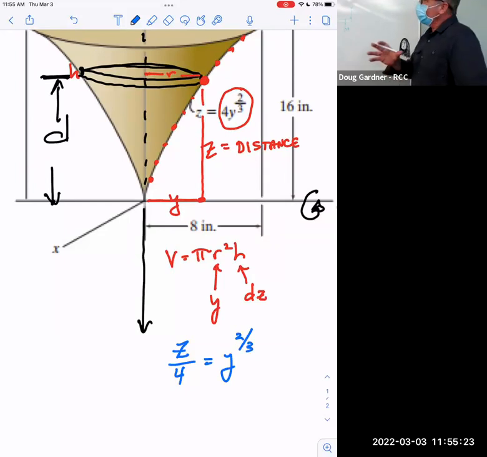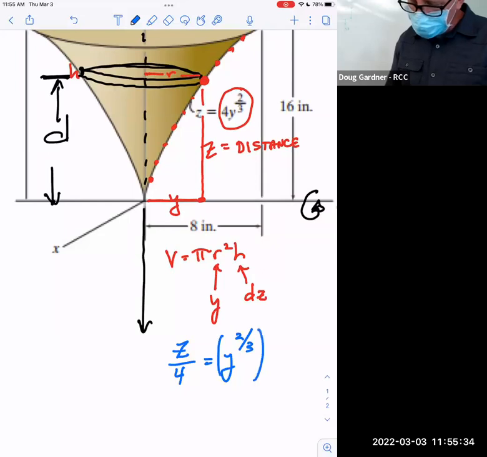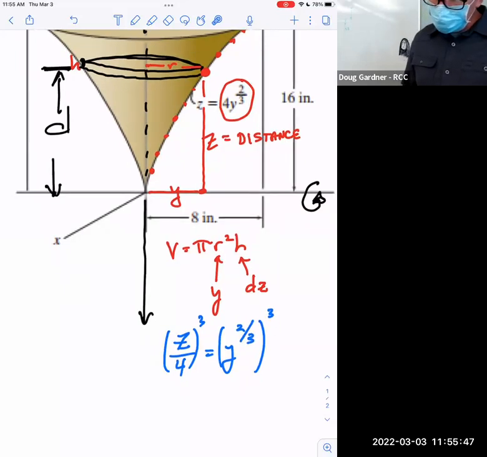People that memorize stuff probably can't do this kind of thing later, but one of the basic rules of exponents is if you raise both sides to a power, then what do you do with these two powers? If it's a power to a power, you get to multiply them, which turns that into 6/3, which turns it into 2.